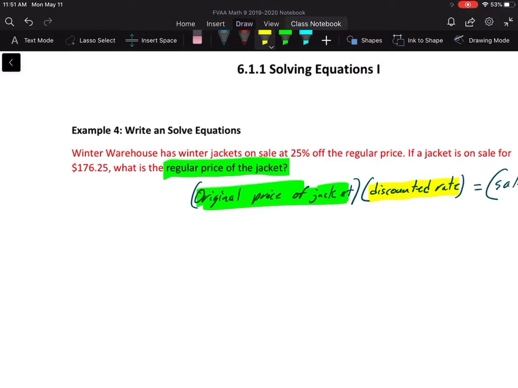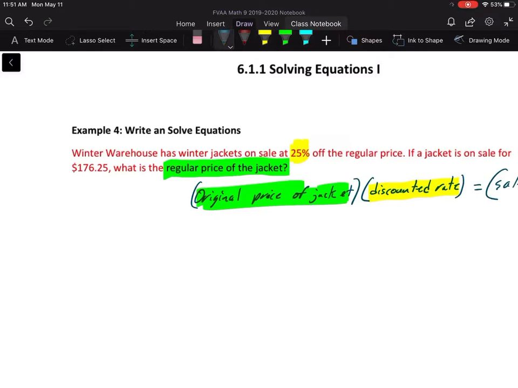The answer is they would have paid 75%, not 25%, okay? Because if you reduce the price by 25%, you're left with 75% of the price that you have to pay. It's better than paying 100% of the price, but you're not paying 25% of the price. You're reducing it by 25%, leaving you 75%, okay?